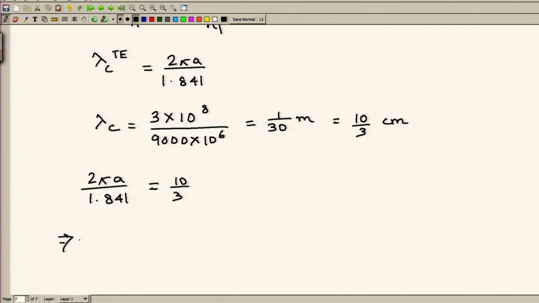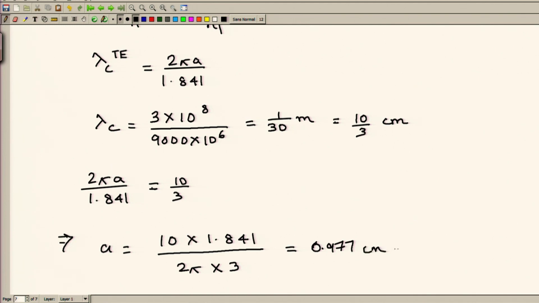Then we will have a as 10 multiplied by 1.841 divided by 2 pi multiplied by 3. So this will give us 0.977 centimeter.